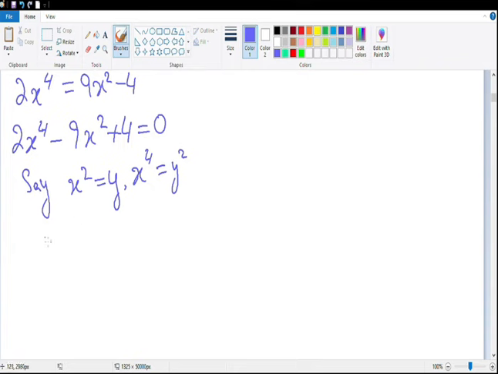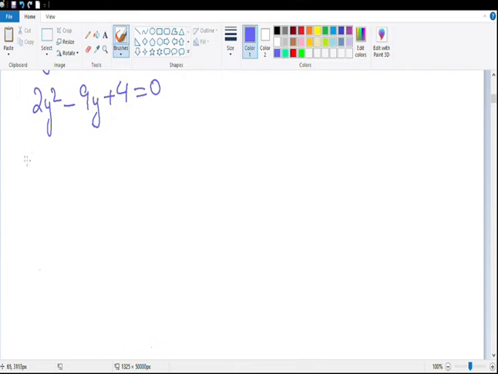So this way, replacing the variables, we get 2y squared minus 9y plus 4 is equal to 0. Let's solve this one by the quadratic formula. First of all, we need the values of a, b, and c. So a is equal to 2, b is equal to negative 9, and c is equal to 4.